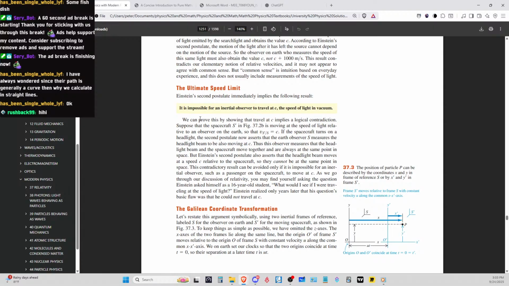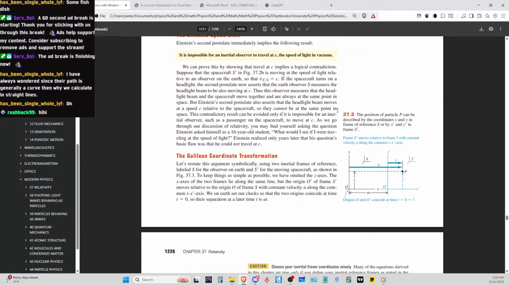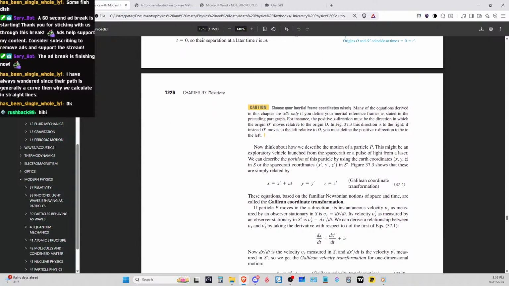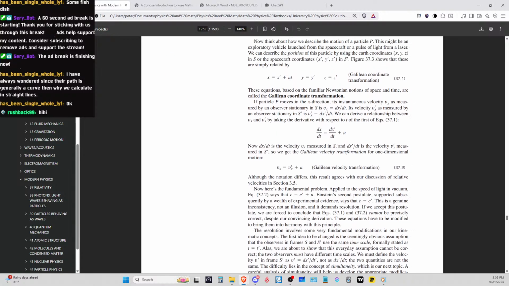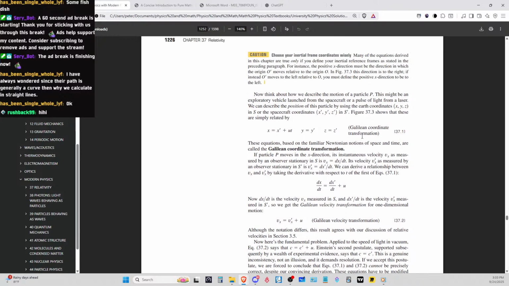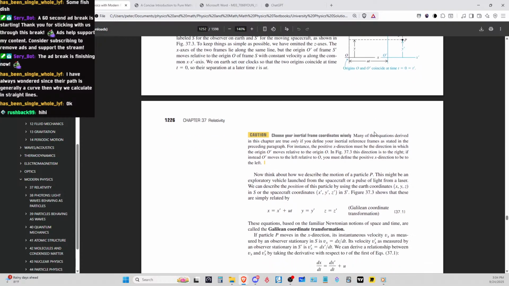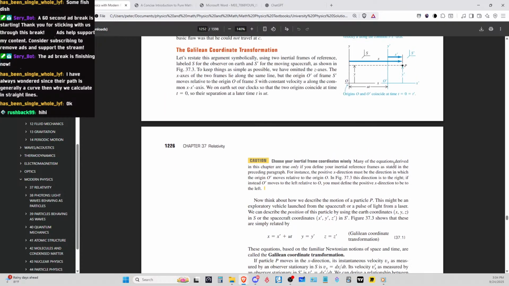The ultimate speed limit: it is impossible for an inertial observer to travel at c, the speed of light in a vacuum. Okay. Galilean coordinate transformation. So choose your inertial frame coordinates wisely.